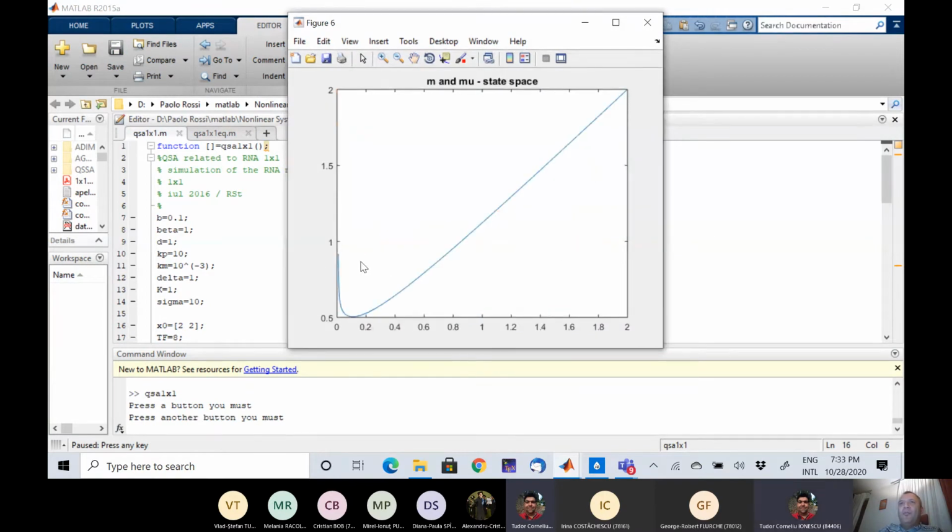We started from 2, but we end up very close to 0 with x1, and basically 0.9 with x2. So what is the conclusion that we can get from this simulation?